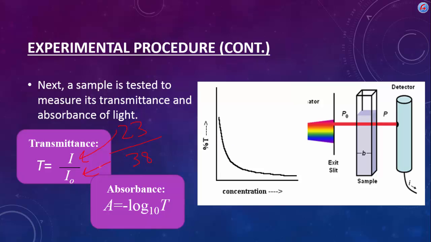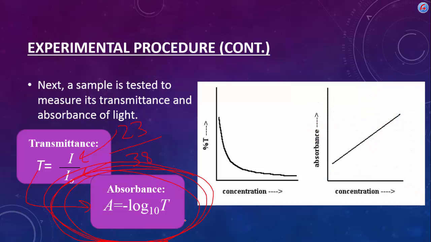Now, that's all fine and dandy. It turns out that transmittance, that non-linear relationship, is not a very good thing for us. So we are going to be using absorbance. And again, we're actually not even going to calculate this, we're just going to measure it. But absorbance is really just taking the negative log of the transmittance. And you get a graph like this. Notice how it's a nice linear relationship.